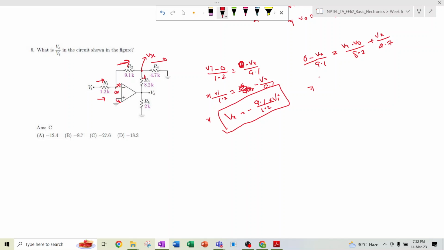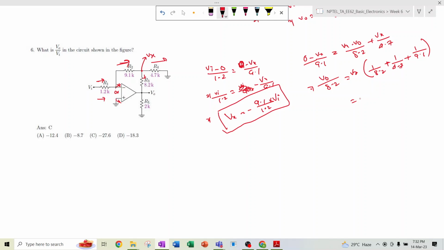So here it will be Vo divided by 8.2 is equal to Vx into 1 divided by 8.2 plus 1 divided by 4.7 plus 1 divided by 9.1. Okay, so 1 divided by 8.2 plus 1 divided by 4.7 plus 1 divided by 9.1.